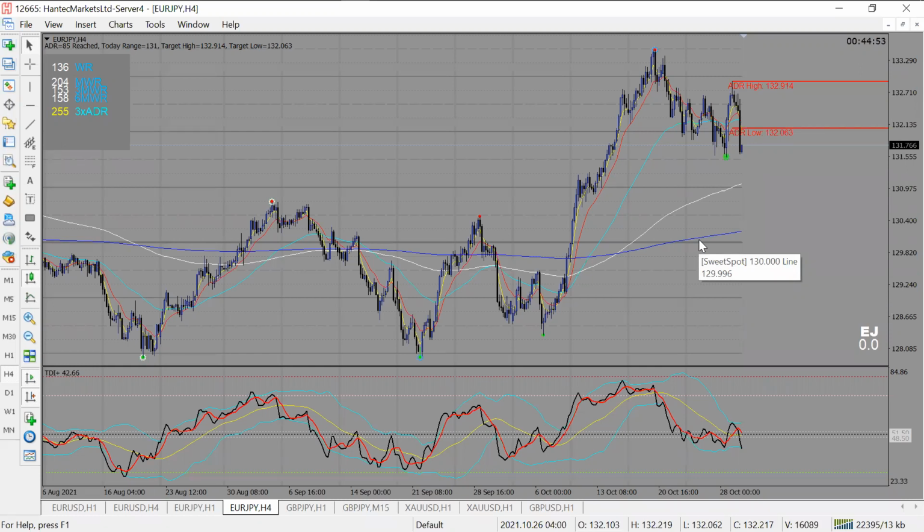And half of 100 pips is 50 pips. So from here to here is 50. You see 129500. So it is very important to note you have the 100 quarter points, 50 quarter points, and 25 quarter points.